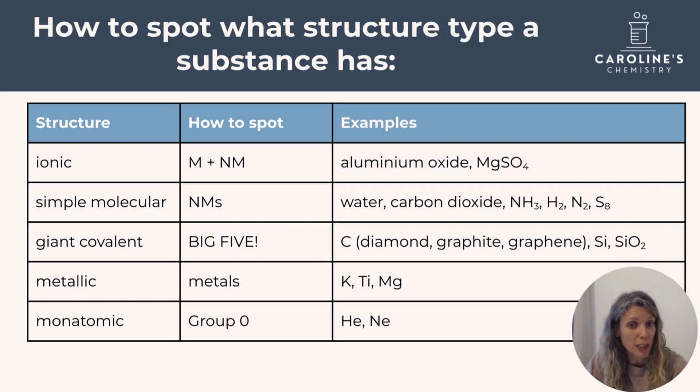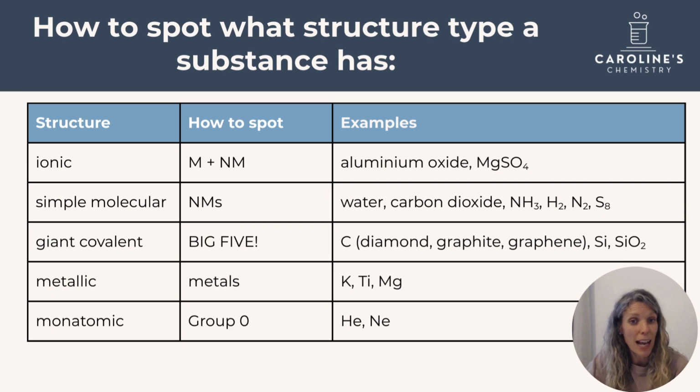The formula is just C when it is giant covalent, but it actually exists in 3 different forms: diamond, graphite, and graphene. By the formula alone, you couldn't tell which it is, but from the formula C you know it's one of the big 5, therefore it must be giant covalent.